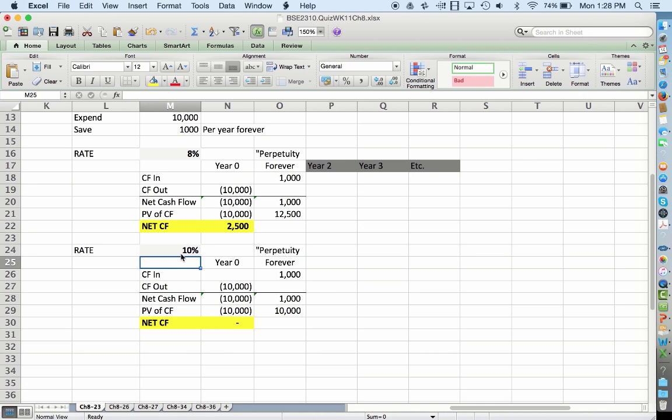So at 10%, it's an okay project. And basically, the IRR would probably be something like 10.1. I can guess at it because the minute I put in some number greater than 10%, it's negative. Okay?